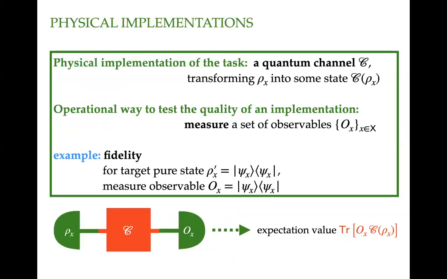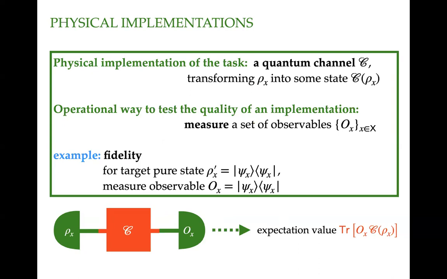All right, when we talk about physical implementation, the physical implementation of an abstract information processing task is a quantum channel that will transform the input state rho_x into some output state C(rho_x), which may not be the state you wanted, and maybe just some approximation of the state you wanted. So the way to test how good this physical implementation is in an operational way is to make some measurements on the output and to see what is the result of this measurement.